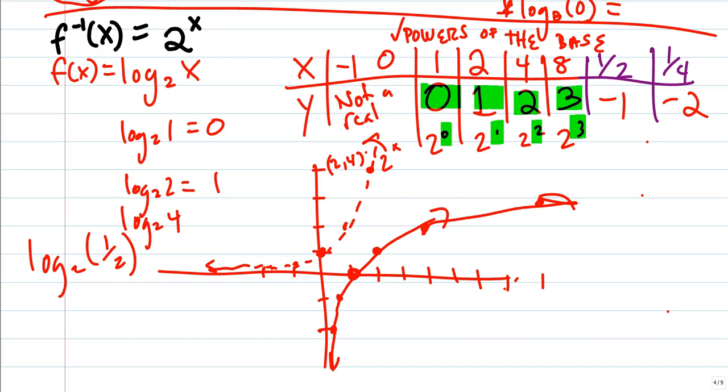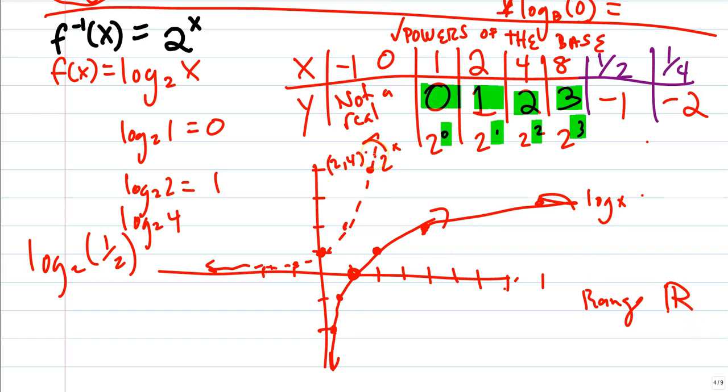In fact, look what happens here. On the 2 to the x, our domain is left forever and right forever. Over here, the range is up and down forever. It is all real numbers.